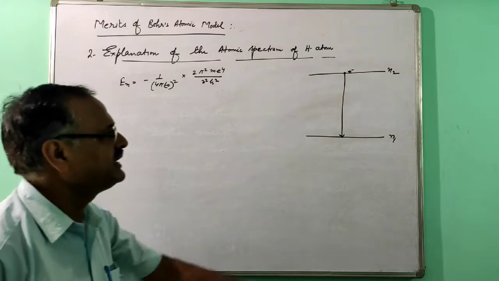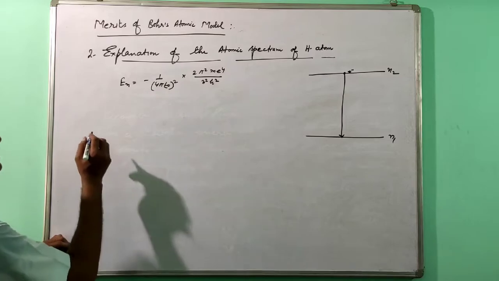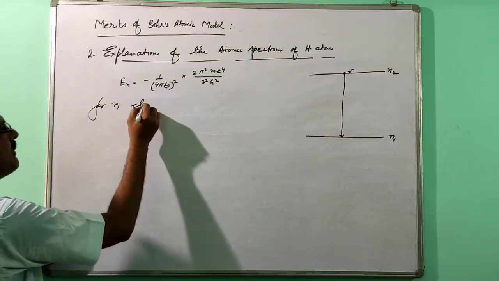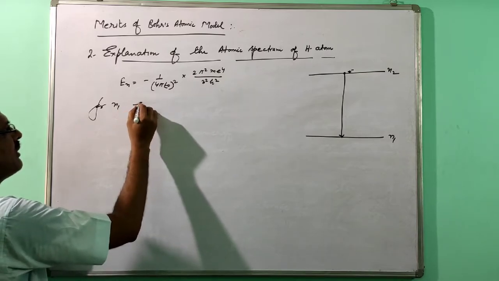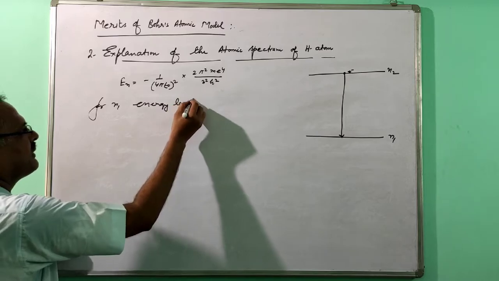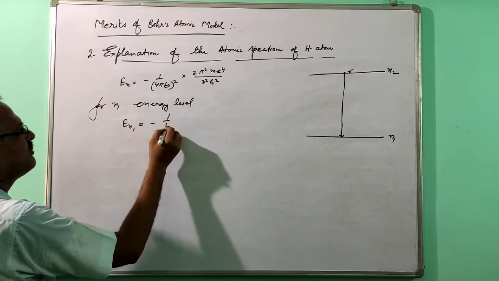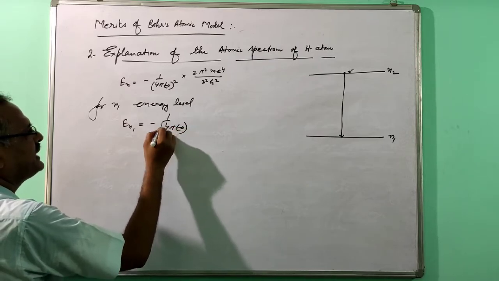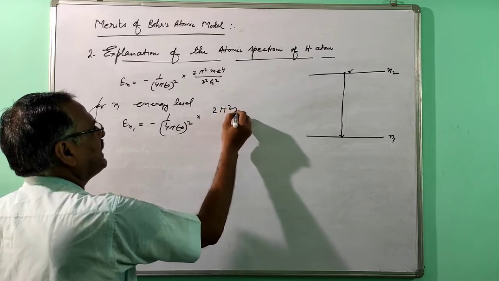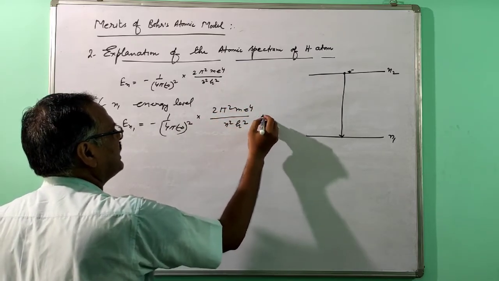Now two orbits are given, n1 and n2. So for the n1 energy level, En1 is equal to minus 1 upon 4 pi epsilon naught whole square into 2 pi square m e to the power 4 upon n1 square h square.